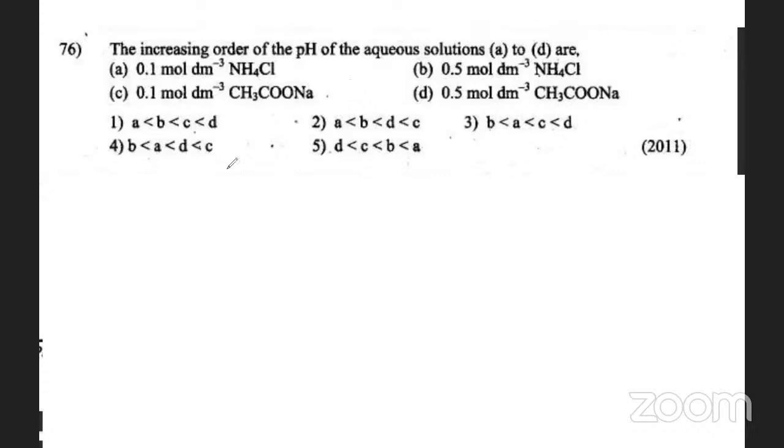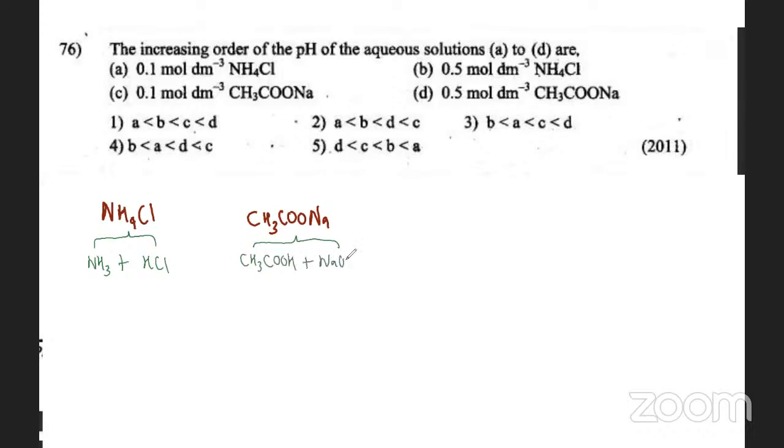There are two compounds given to us. One is ammonium chloride, and the other one is sodium acetate. We came across sodium acetate in one of the previous questions a little while ago. Now ammonium chloride is a result of the reaction between ammonia and HCl, and sodium acetate is a result of the reaction between acetic acid and sodium hydroxide.